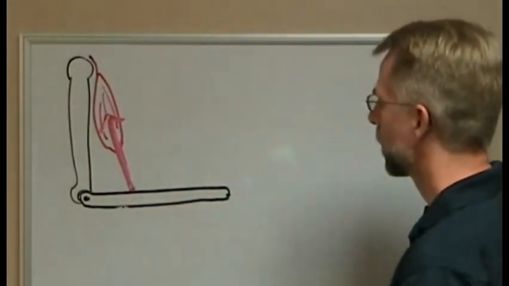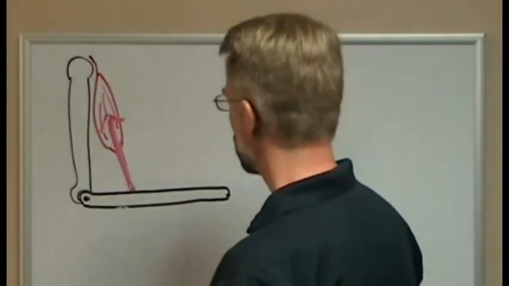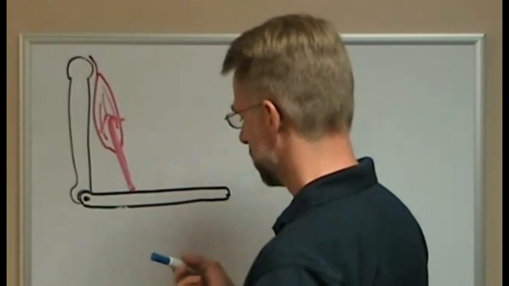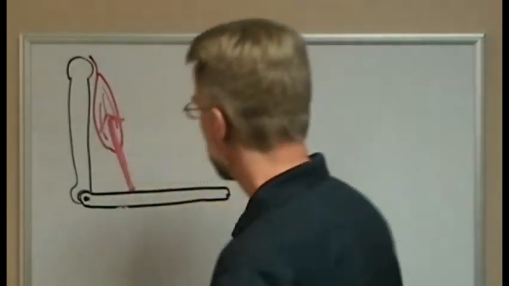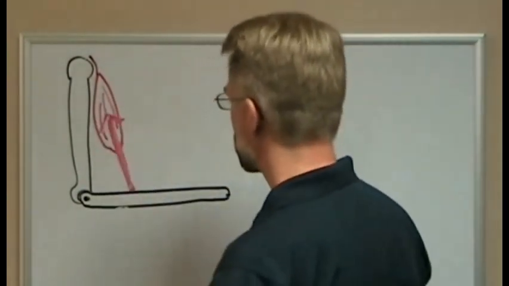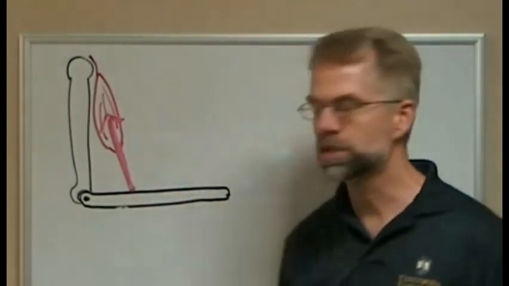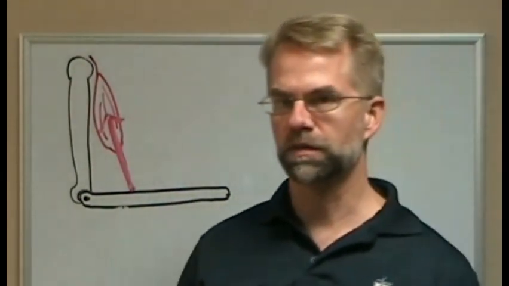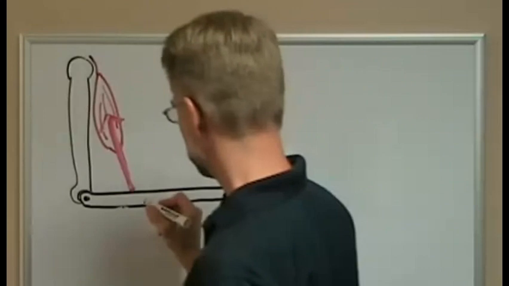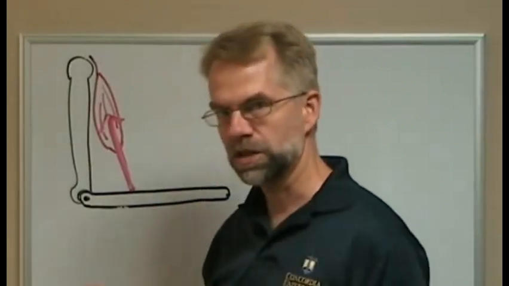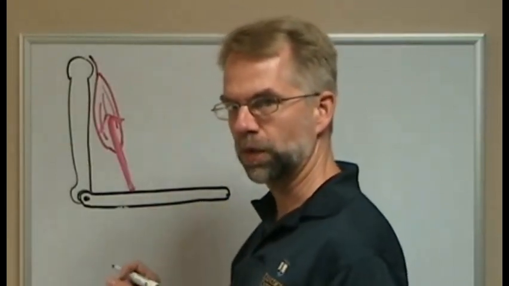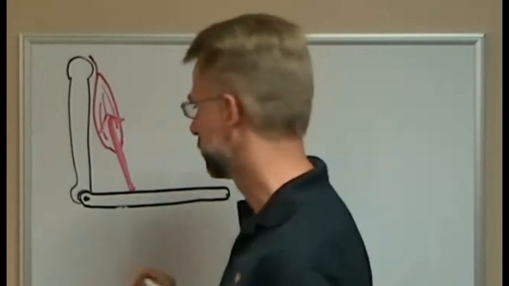Well, in order to determine what actually happens, you need to look at a couple of things. This vector can be resolved into two component vectors. One of the component vectors always goes through the axis of joint motion.